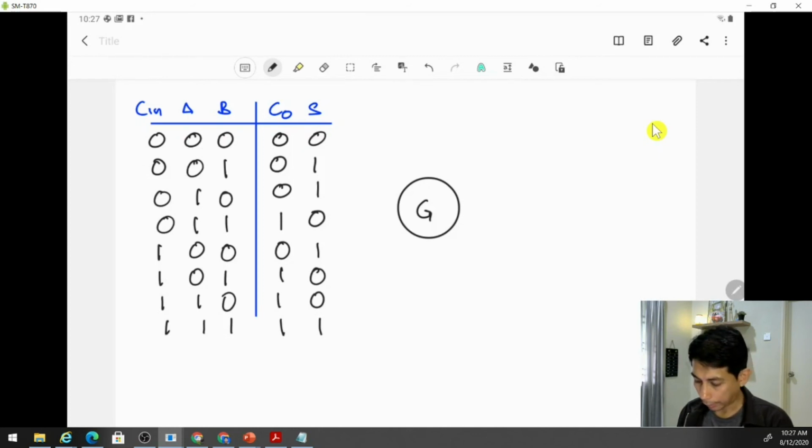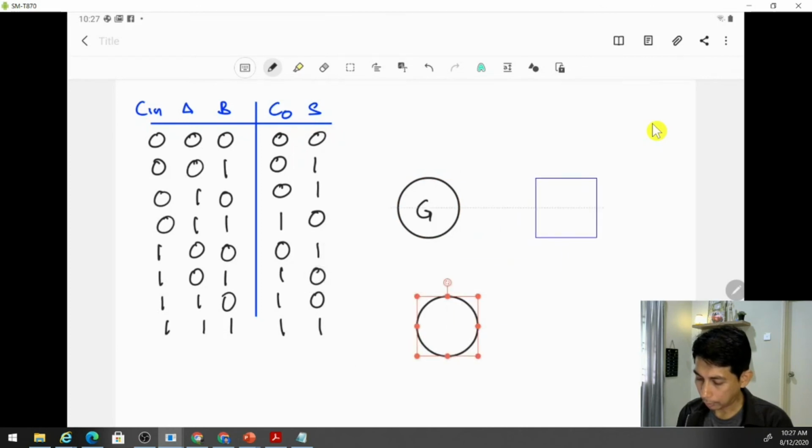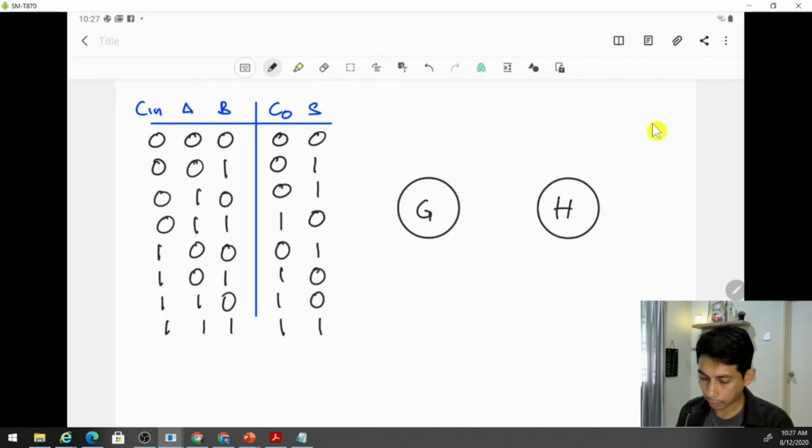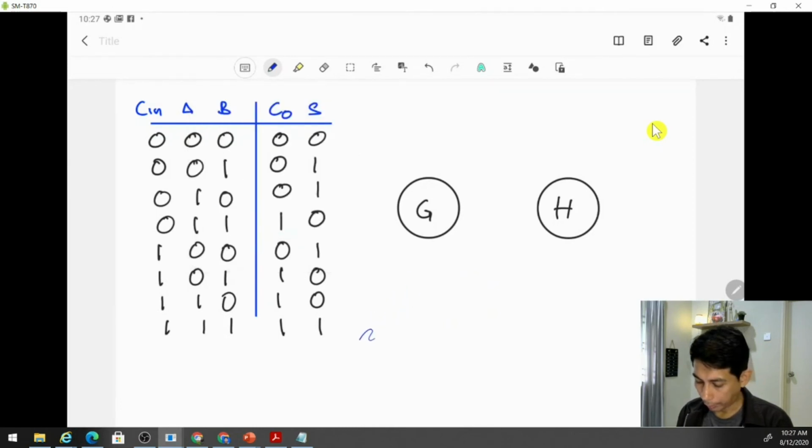And we have the second state, call it H, where at state G, when we add numbers, there will be no carry in and no carry out.